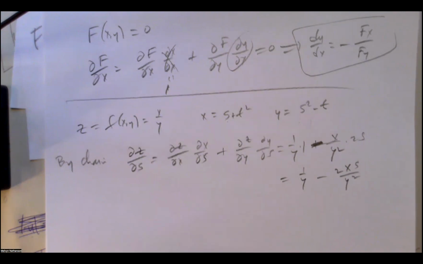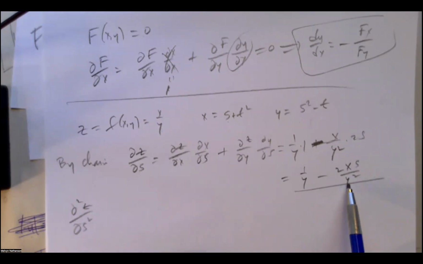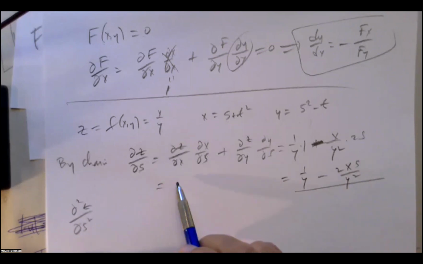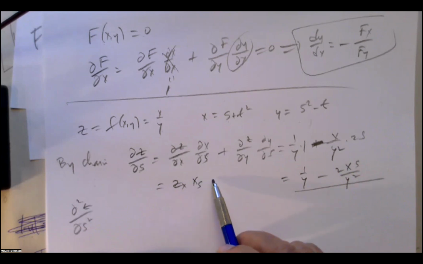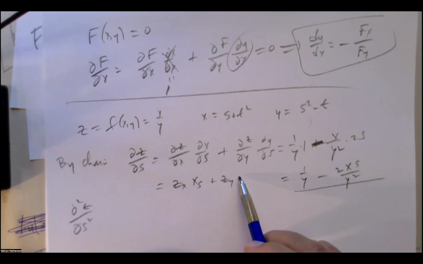Suppose we want the second partial derivative of z with respect to s. So this is my function, and I want to differentiate this with respect to s. So let's see, what should I do? This is partial of z with respect to x, partial of x with respect to s, plus partial of z with respect to y, partial of y with respect to s. That's the partial of z with respect to s.